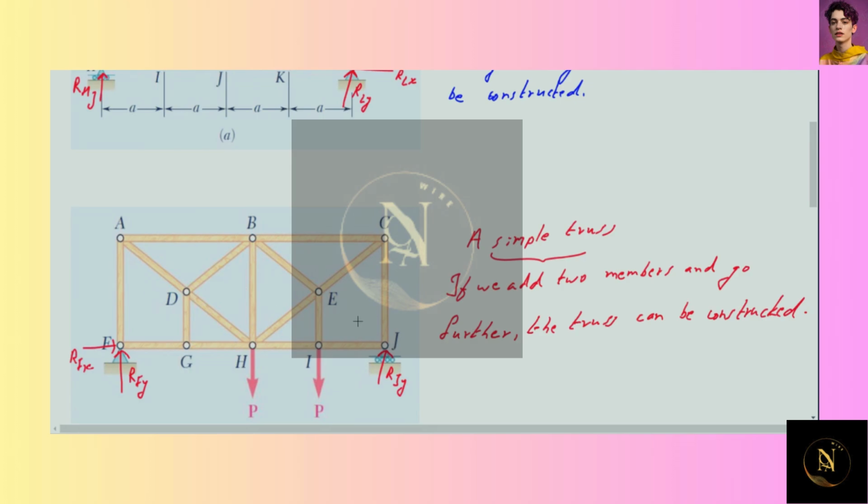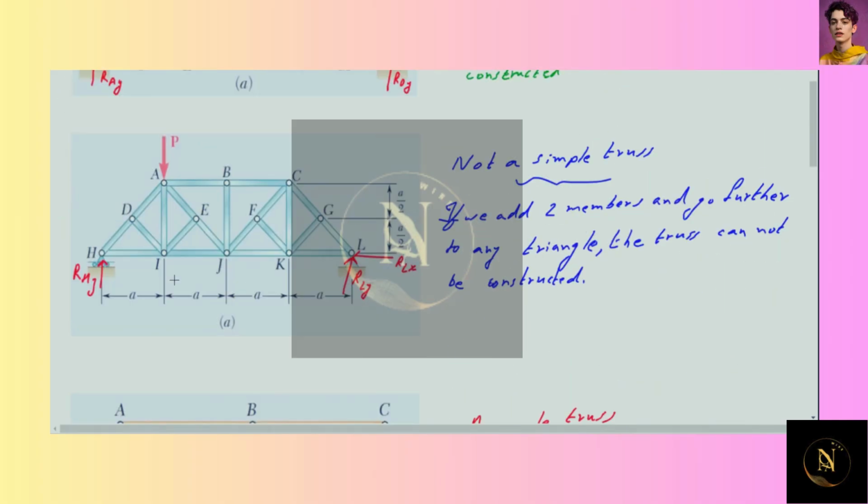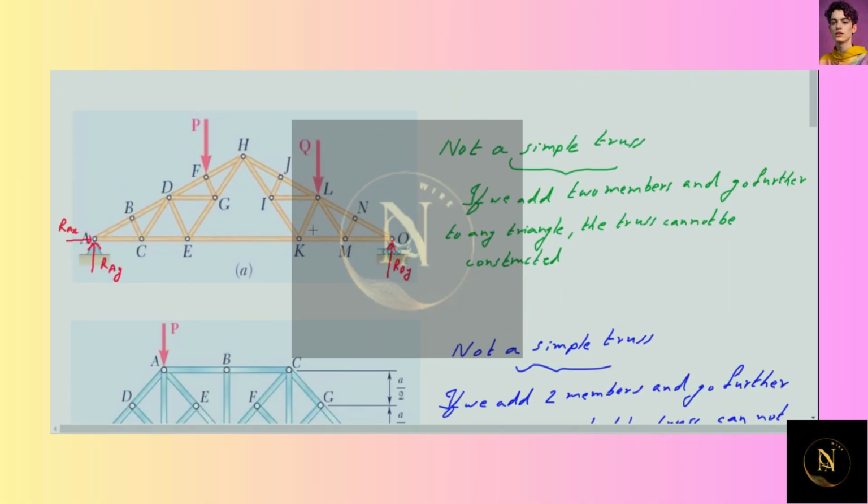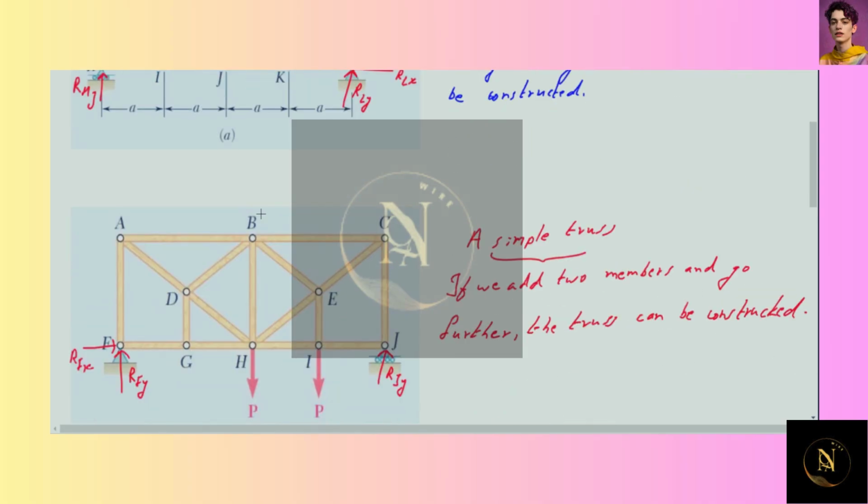If we can construct a whole truss by adding two members and going further to the other triangle, then that is a simple truss. So this one is a simple truss, but this one and this one are not. I hope you understood the problem. Thank you.